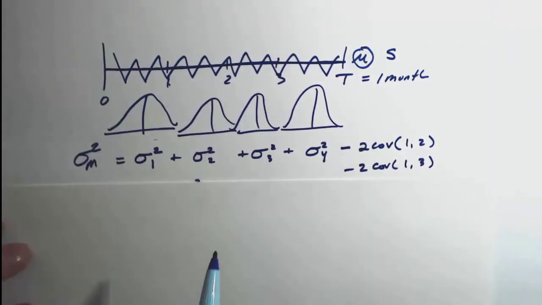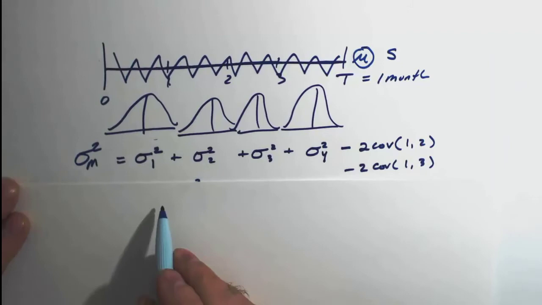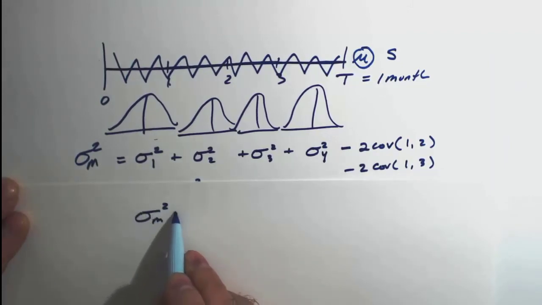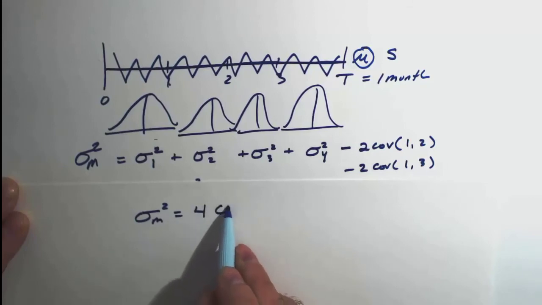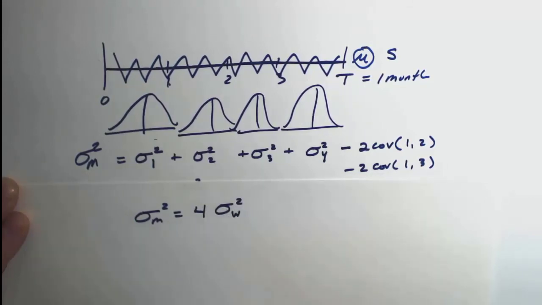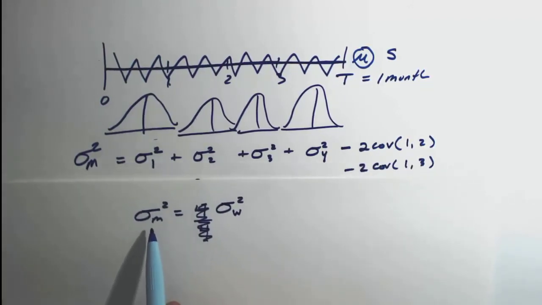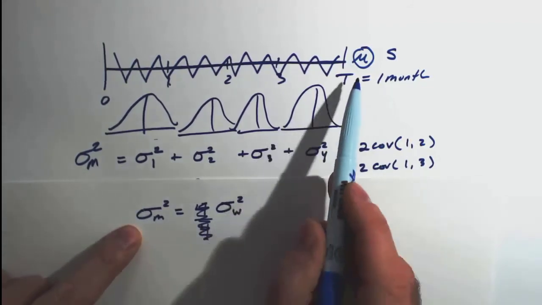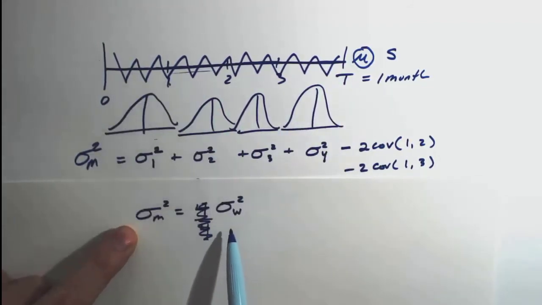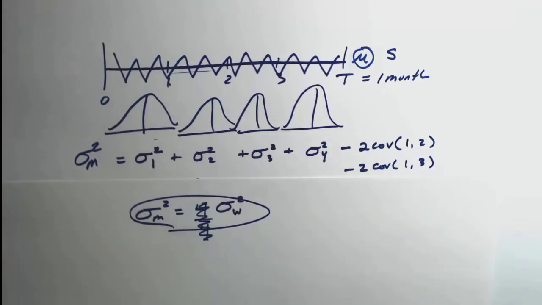So the variance or the volatility of a month equals 4 times the variance of a week, but you average out, you take the average of those 4 volatilities. There's no difference between the volatility of a month versus the volatility of a week. And we have this relationship.